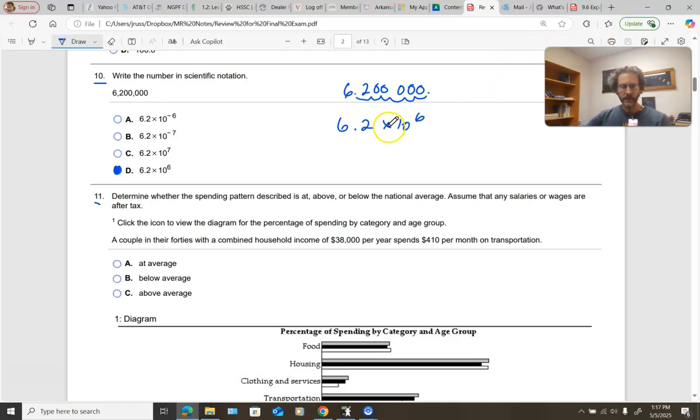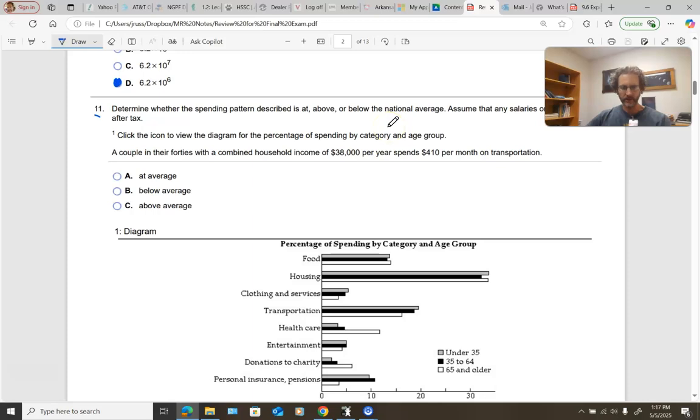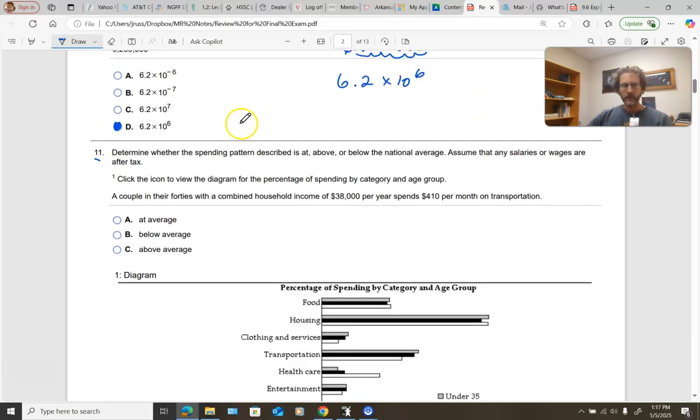Alright, and with this, guys, now we are venturing into Chapter 4 material. You'll notice, having seen questions like these throughout the course, it says determine whether the spending pattern described is at, above, or below the national average. Assume that any salaries or wages are after tax.